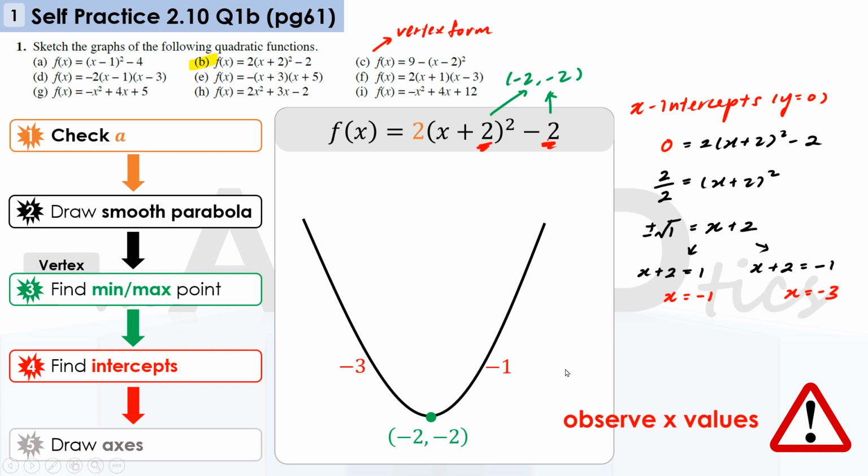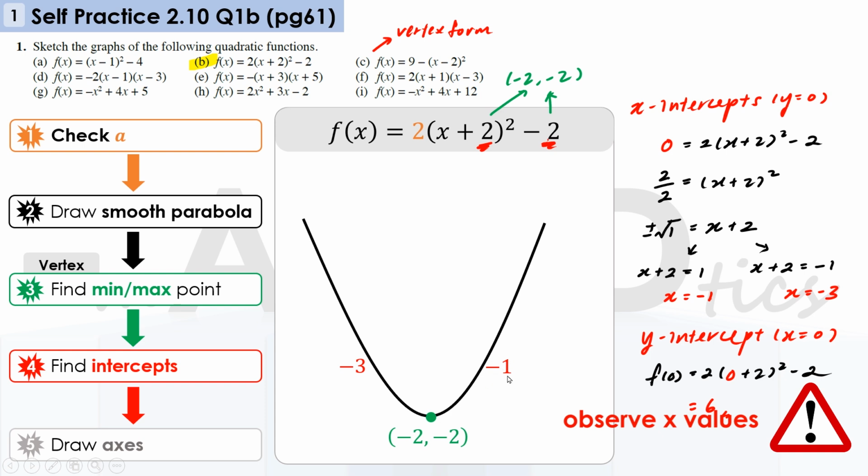Okay, something like this. Then for the y-intercept, we substitute x equals 0 into this function, and our value is 6. When we want to put this 6 here, make sure you monitor where x equals 0, because x equals 0 will be somewhere here, right?